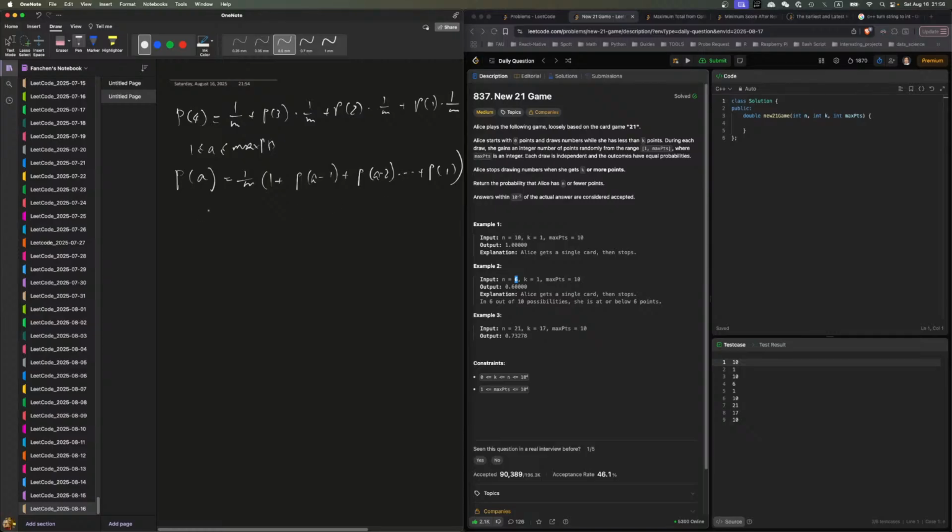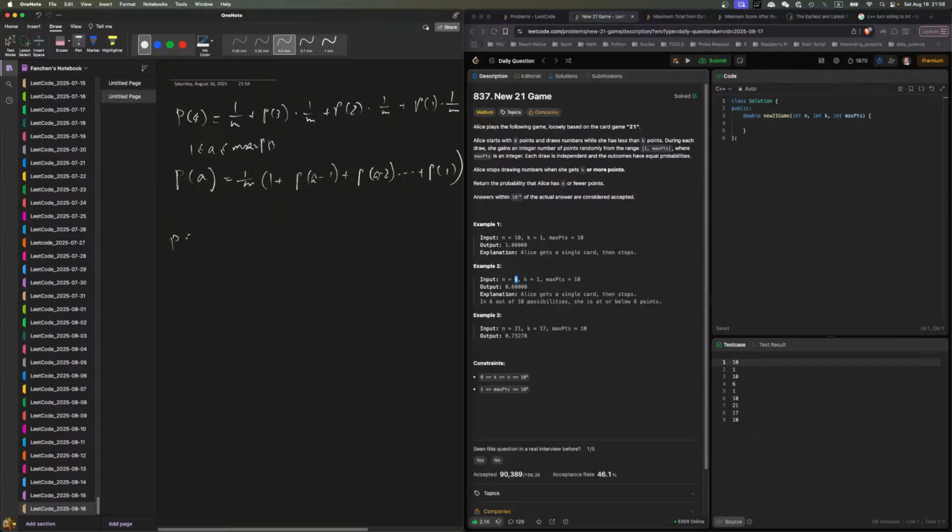That's PA. That's when it's smaller than the max points.